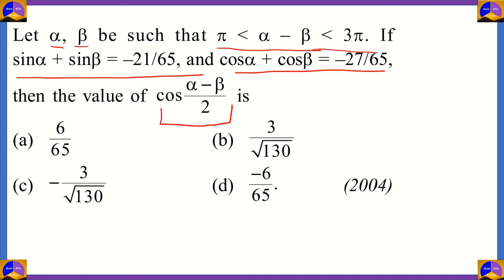So how do we solve this question? Well, this question is easy to solve as long as you know what you're doing, which is true for any question, by the way. So what we do first, we take sin α + sin β as equal to −21 divided by 65.